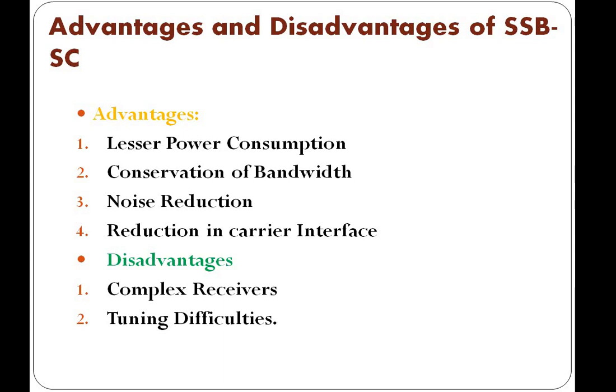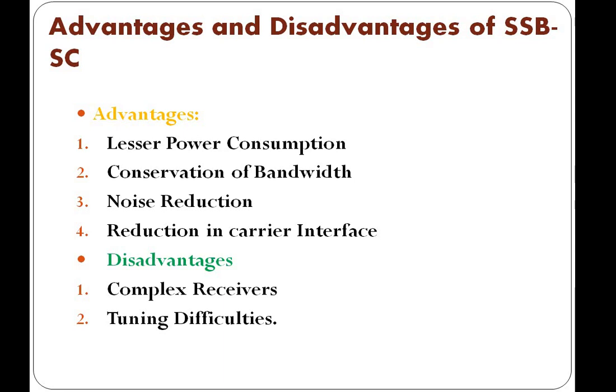Here the carrier is suppressed and one of the sidebands is also suppressed, so the bandwidth has become half. There is a very narrow bandwidth, so there is no chance of getting noise in that bandwidth. So mostly the noise will be reduced in your SSB. The fourth one is reduction in carrier interference. This is important because whenever we have a larger carrier, there will be interference. Interference is nothing but combining of other signals or other frequencies.